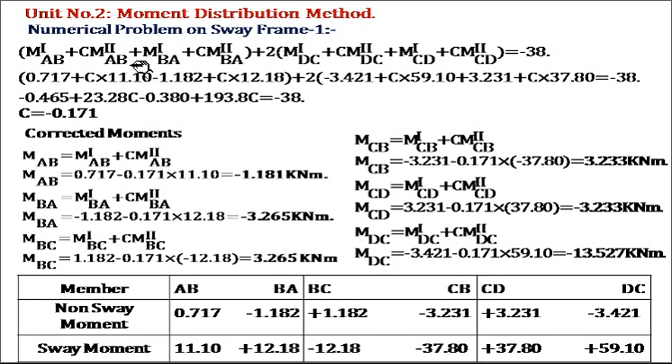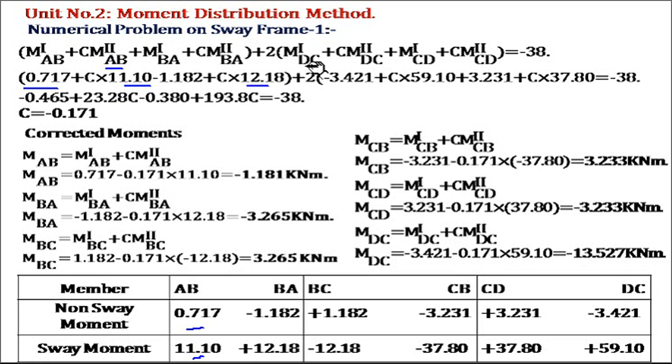in member AB that we have already calculated here. So the non-sway moment in member AB is 0.717 and the sway moment in member AB is 11.10. Okay. So the non-sway moment in member BA is minus 1.182 and the sway moment in member BA is 12.80.